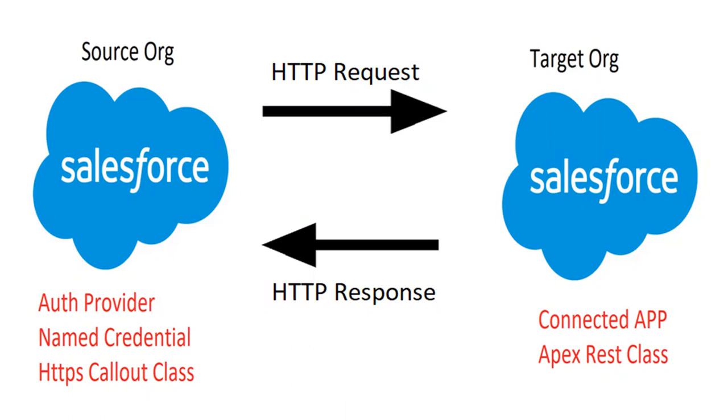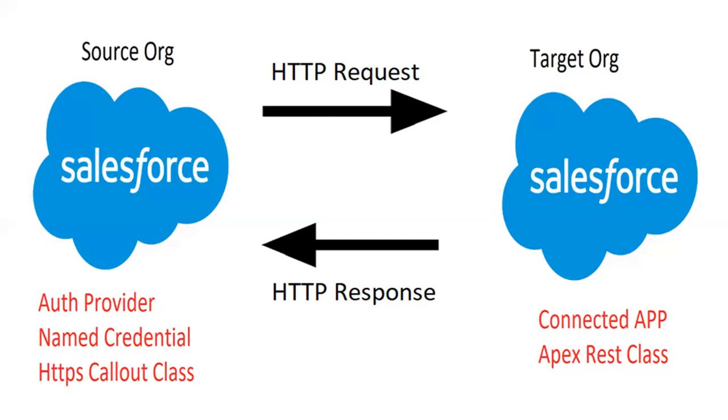The purpose of using named credentials is that in future, if the domain name changes, and if we have used the same domain name in multiple places, multiple requests, then if we are not using named credentials and are directly using the target org domain name, we always have to change everywhere.